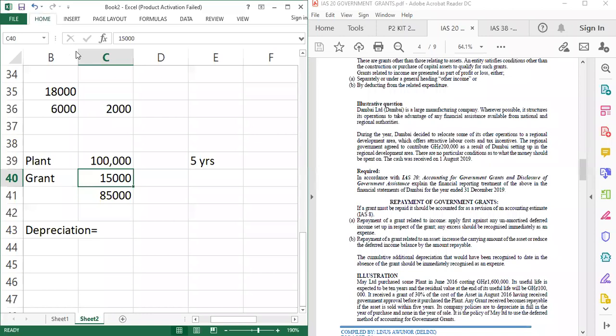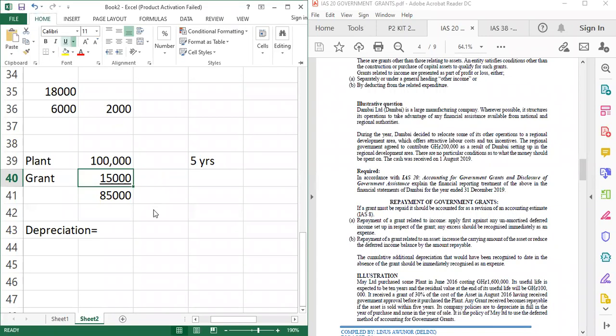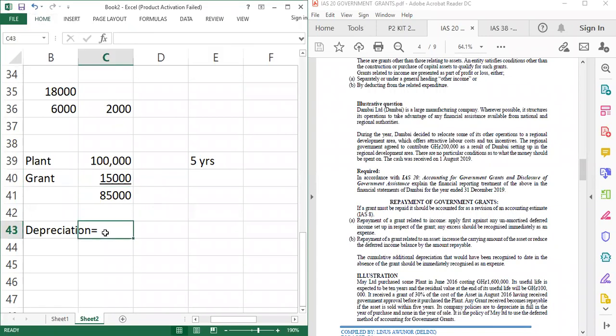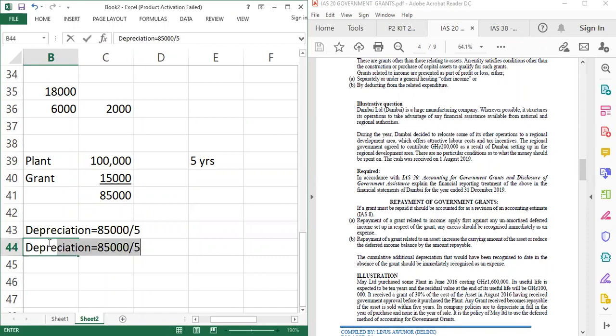So if the grant is taken, we are using the netting method. What will be the depreciation for each year? Depreciation will be 85,000 divided by 5. So each year, our annual depreciation will be 17,000.